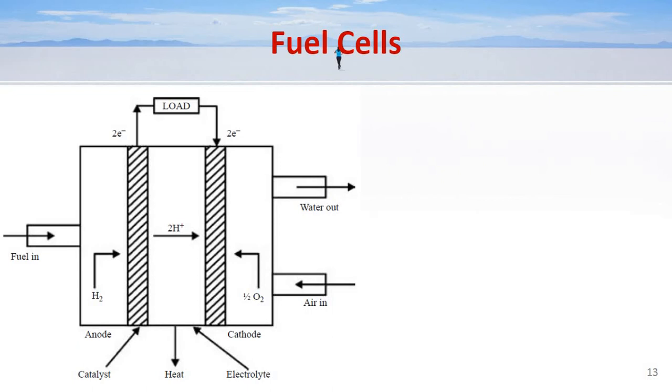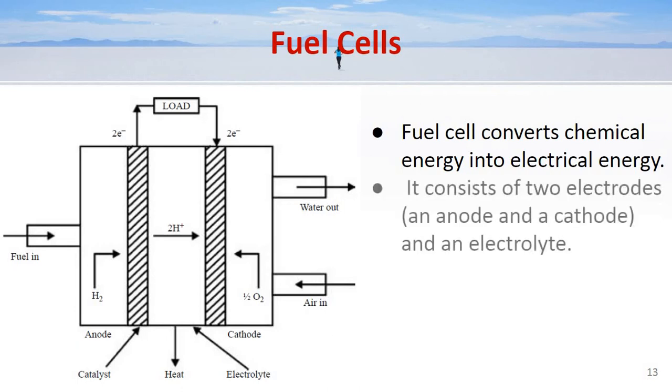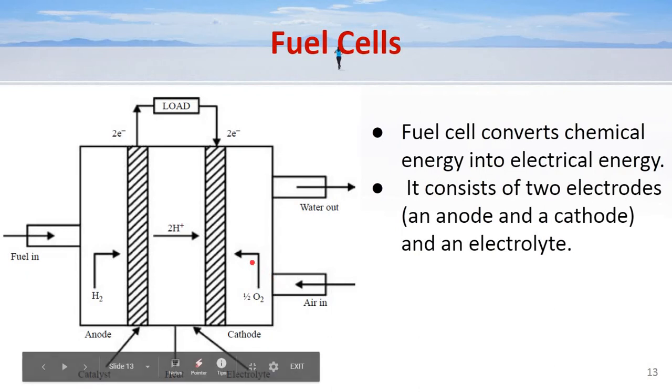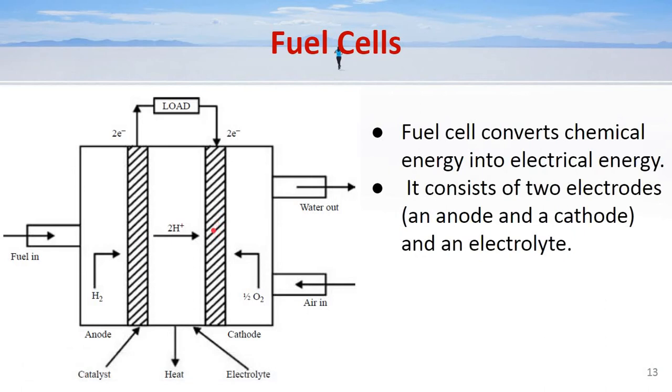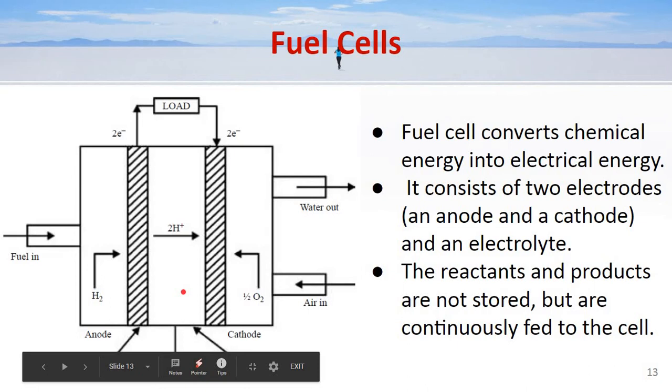Now we come to fuel cells. There are different types of fuel cells. Basically every fuel cell converts chemical energy into electrical energy. It consists of two electrodes, one called an anode and another called a cathode, and there is an electrolyte. Just like any battery, there is an anode, a cathode and an electrolyte.